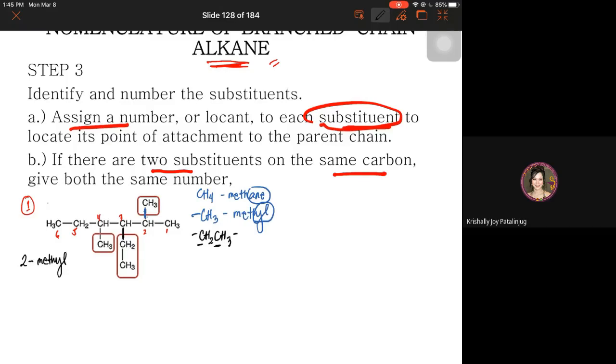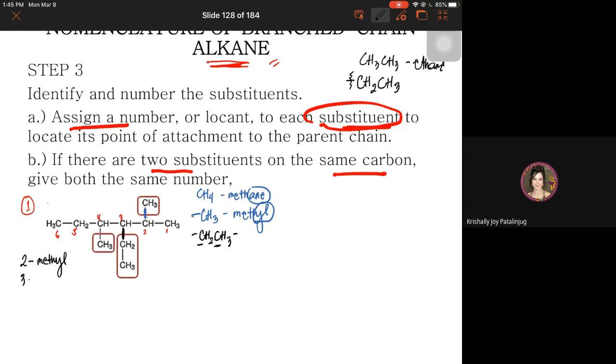Di ba ang ethane kay CH3, CH3. Ito yung ethane. Removal of 1 hydrogen, that becomes CH2, CH3. Ito yung point of branching. So kung makikita nyo, 'di ba? Ito yung naka-attach sa parent. Okay? Kasi yan yung part na unstable kasi diyan ka nag-remove ng isang hydrogen.